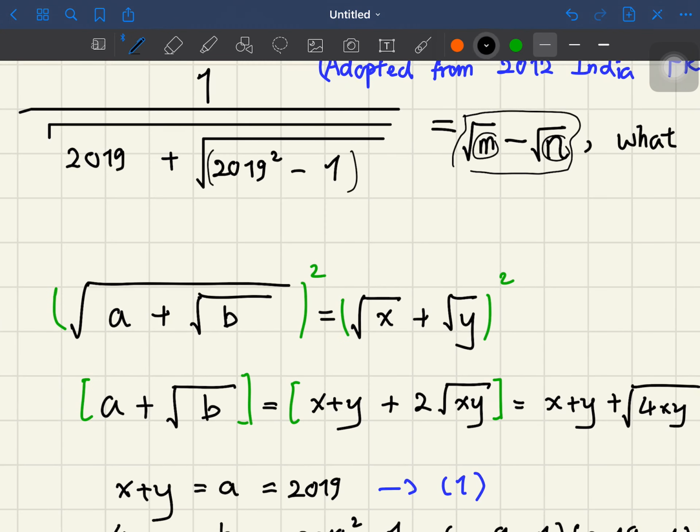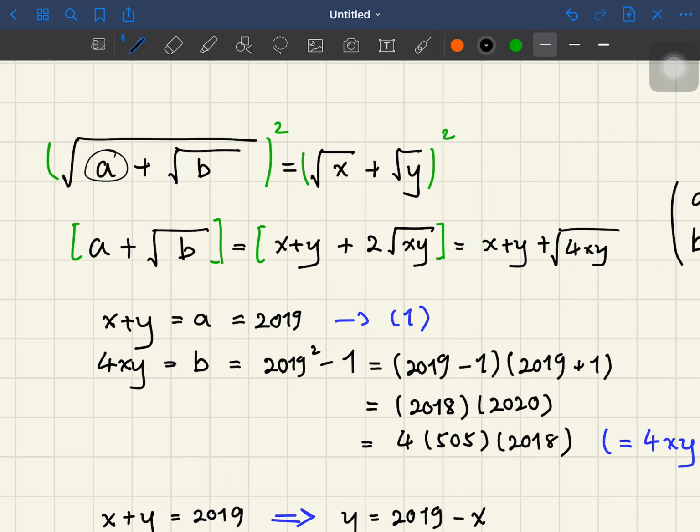Well, a equals obviously 2019, and then b equals the bracketed expression 2019 squared minus 1. And you try to expand this expression when it's raised to the power of 2, and you will get x plus y plus 2 times the square root of xy, like so.